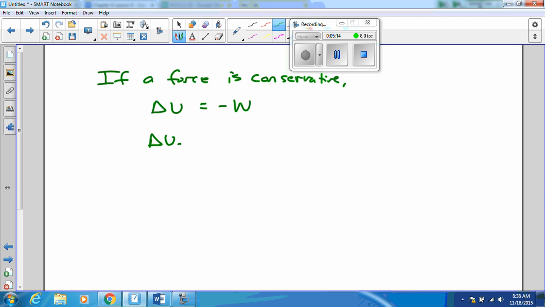So that, for example, for gravity, we can take our formula for the work and say that delta U for gravity is equal to mg times delta H. And delta U for a spring is going to be 1/2 kx squared when I move from 0 out to x.